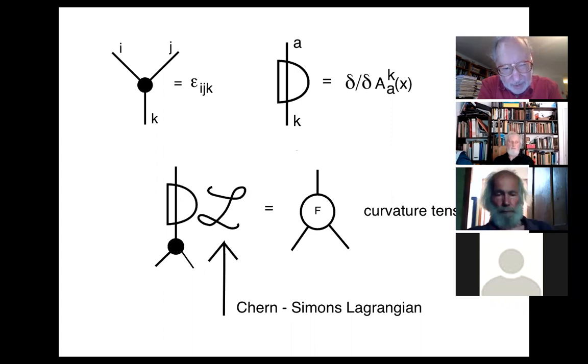So you can get the curvature precisely out of the Chern-Simons Lagrangian.